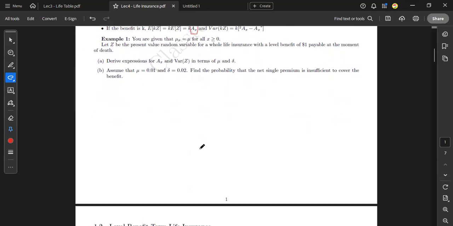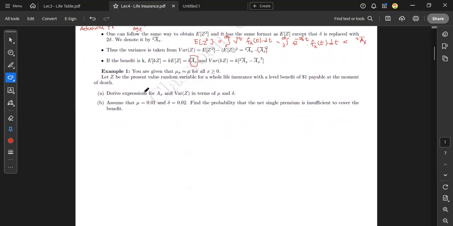So to understand the notation, let's quickly go through this example. We are given that the force of mortality is constant, and Z is the present value random variable for the whole life insurance with a level benefit payment of $1 payable at the moment of death. Once you read these things, it says whole life, $1 benefit payment, paid at the moment of death.